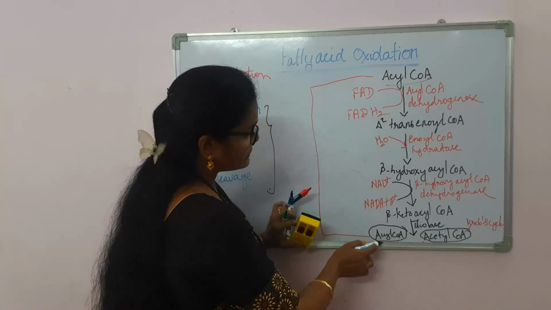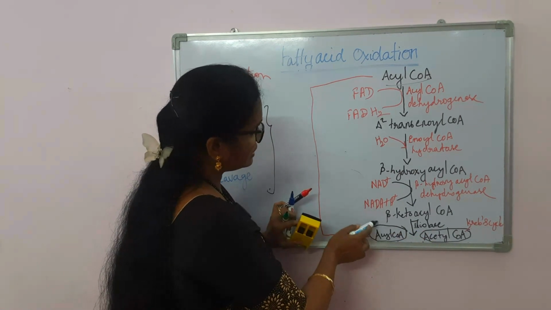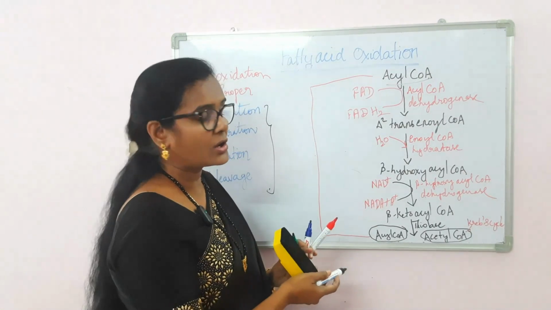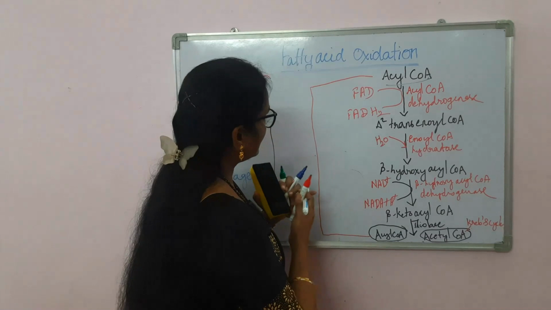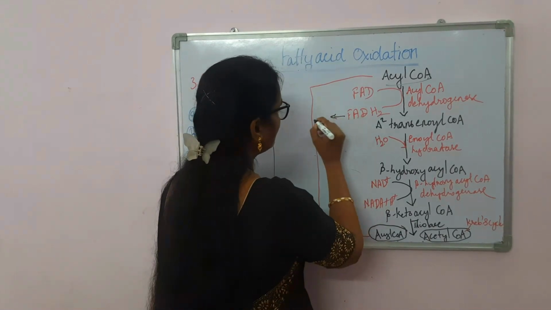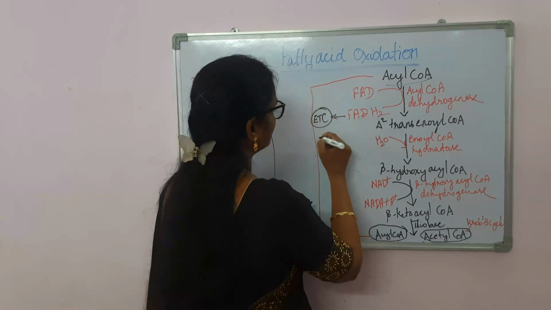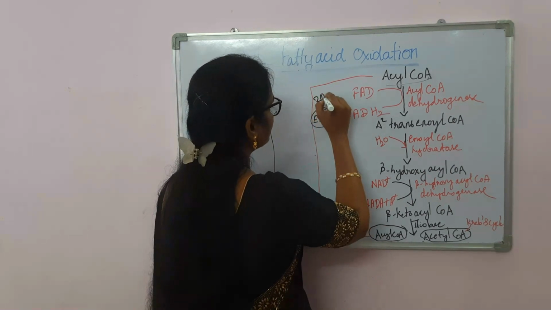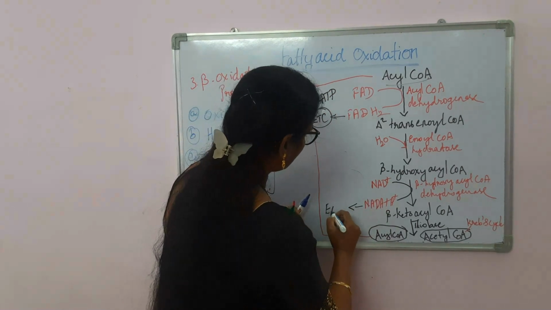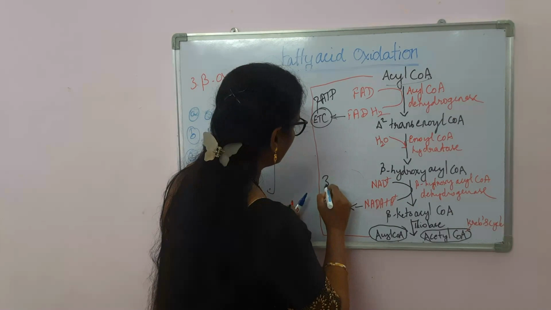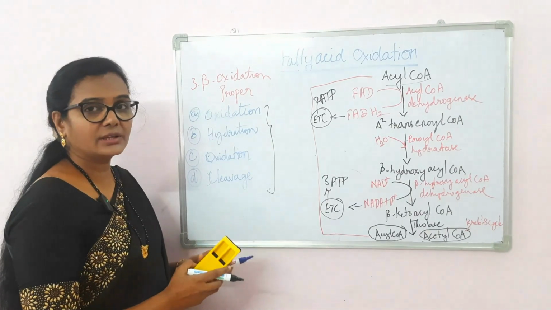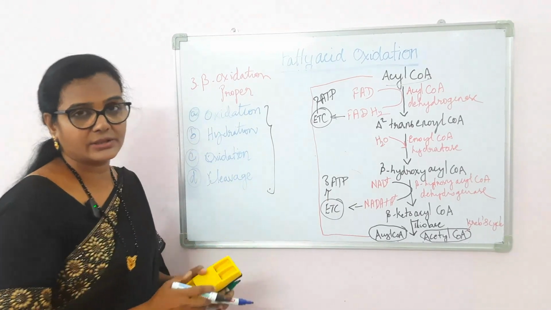The acyl CoA formed here has 2 carbons less than the original fatty acid that participates in beta oxidation. Of course we know the fate of this FADH2. It enters the electron transport chain, then gives 2 ATPs. And this NADH also enters the electron transport chain and gives 3 ATPs. Now we will see the energetics and overall reaction of fatty acid oxidation.